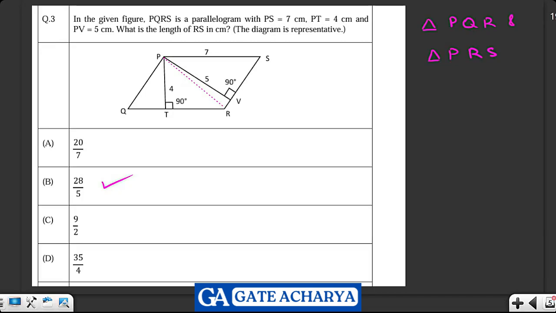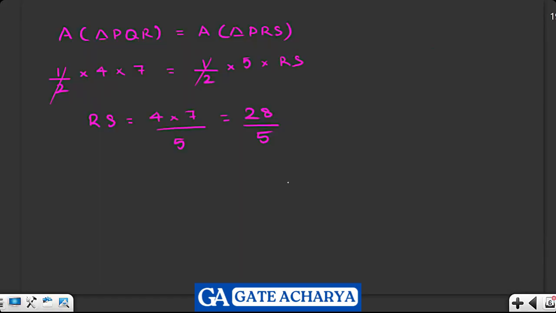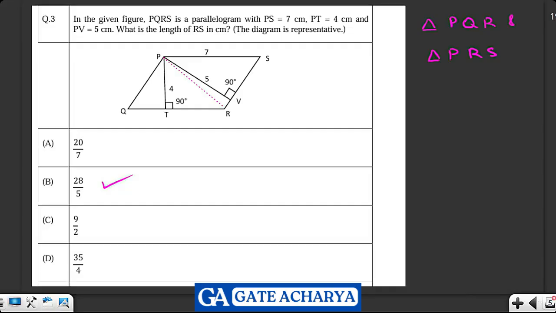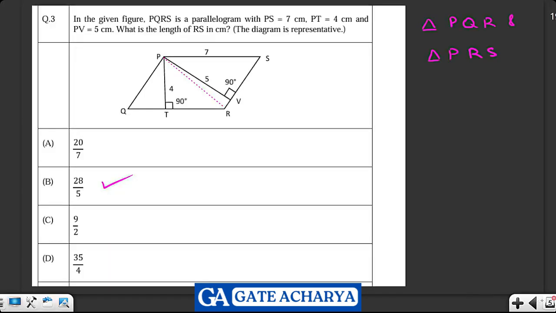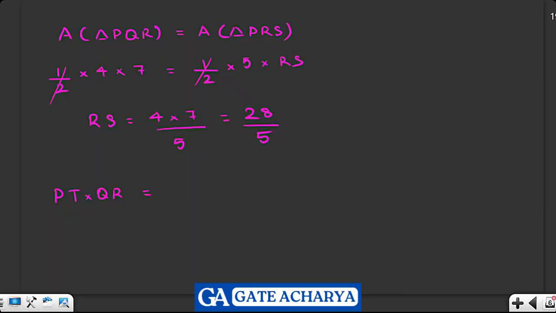If you see the area idea, you can see something weird happening here. So what is the height here? Height is PT and QR, right? So PT into QR is equal to, if I cancel out the half, PV into RS.